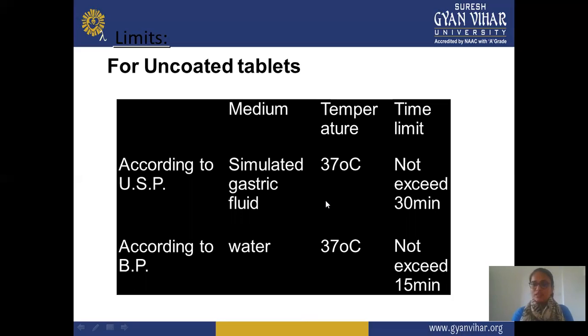So this is a specific and standard temperature for both pharmacopoeias, and the time limit should not exceed 30 minutes. Means the tablet should be disintegrated within 30 minutes according to USP.